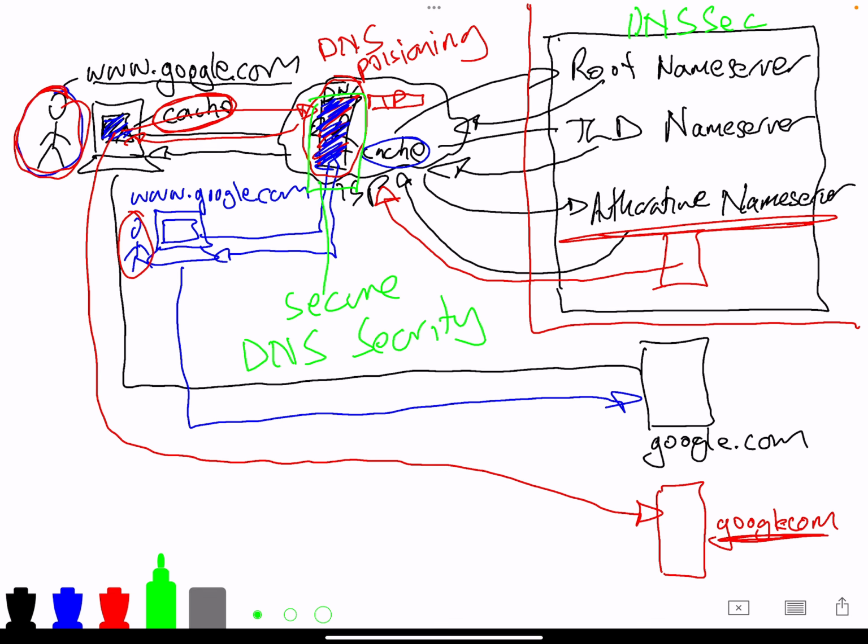Every time we do this mechanism of going back and forth, we introduce an element of authentication, auth-n. Basically it's authenticating the top level domain and your authoritative name server.